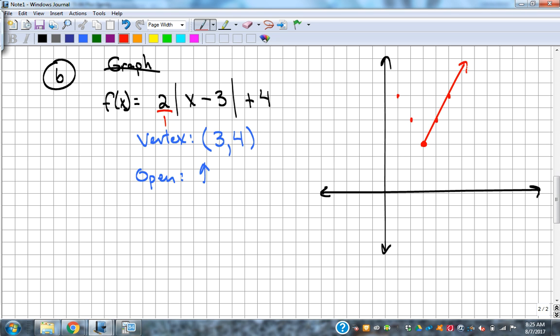I get that nice absolute value graph, opening up with a vertex of (3, 4). Okay. So based on just knowing that general form, we can build that. Questions about that one? We're going to do some more, but I just want to get the start.